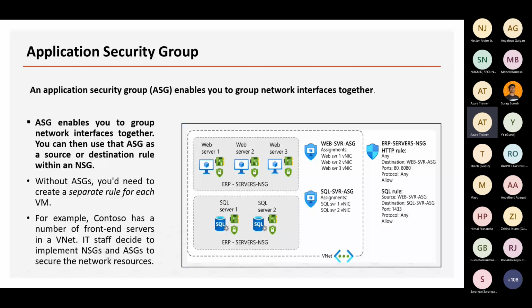Now, I have a scenario in your organization. You have a set of VMs that need to communicate group-wise. In that case, instead of configuring at the interface level or at the subnet level, you have an option to communicate group-wise.